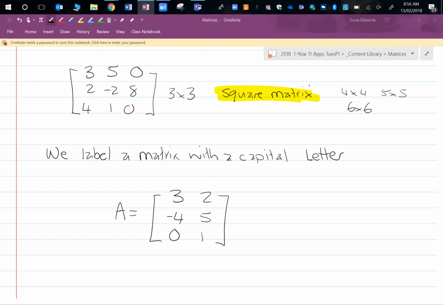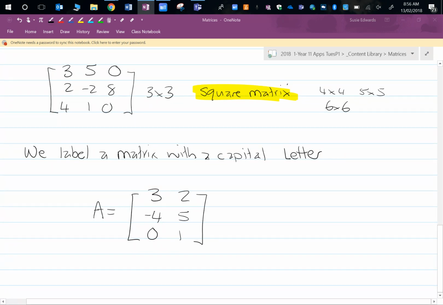So I'll give you an example and then I'll write down what I mean. If I wanted to look at, let's say, the -4 there, I'd write a lowercase a, and that's telling me it's an element in matrix A, and then I need to say which row and which column. We always do which ones first? Rows. So it's row 2, column 1.